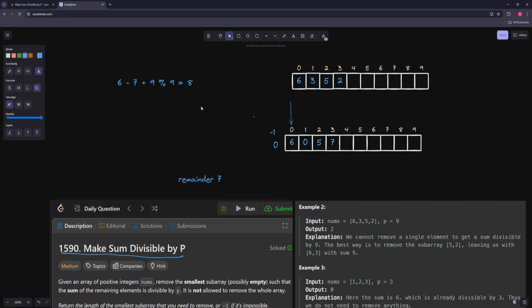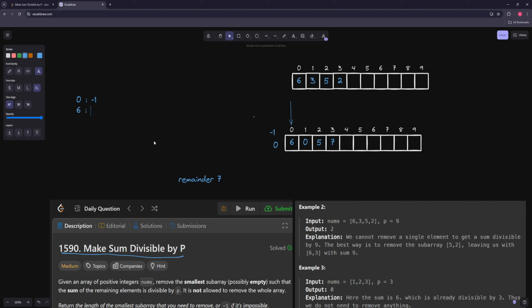And 14 mod 9 is 5. So do we have an 8 here? No, we don't. So then we basically can't do anything here. But we're going to store this in the hash map. So we're going to store 6 at index 0. So our hash map will be 0 at index -1 and 6 at index 0.